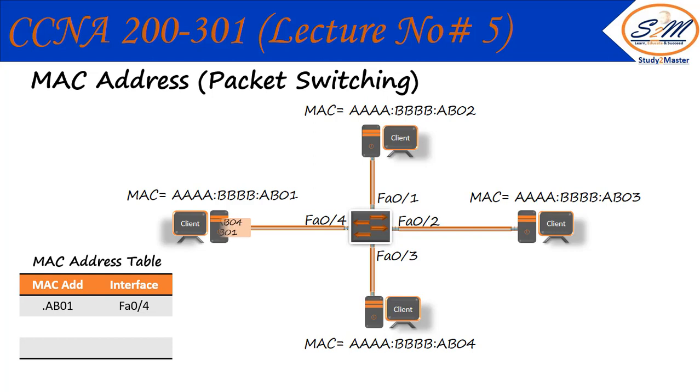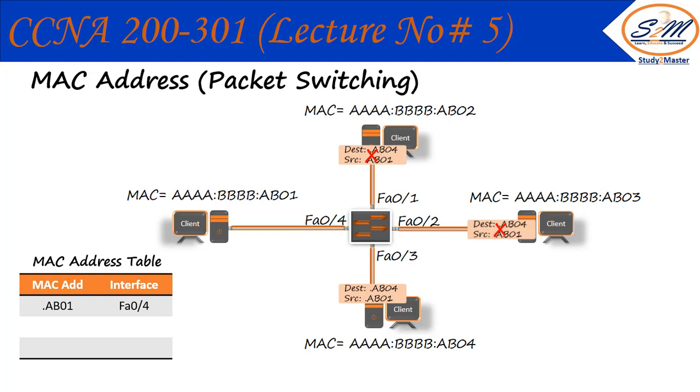So once again, PC1 tries to communicate with the others, and because the switch has no information about the rest of the clients, packets are sent from PC1 and the switch again floods the frames to the rest of the computers except the port on which it received the frame.